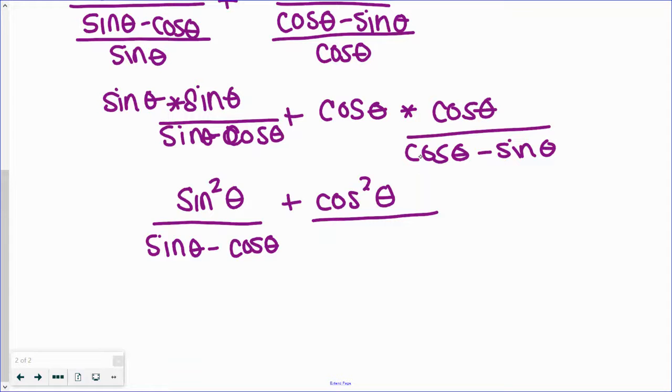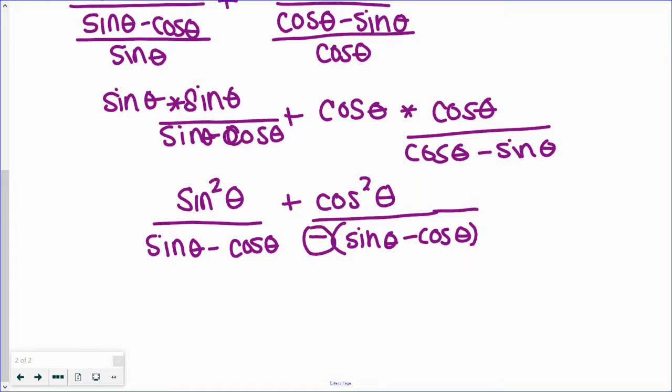Okay, so I'm going to do a little trick here. I'm going to take a negative out of this cosine one. So if I take a negative out of here, I'm going to have a negative in front. This sine is going to become a positive sign, and this cosine is going to become a negative cosine.